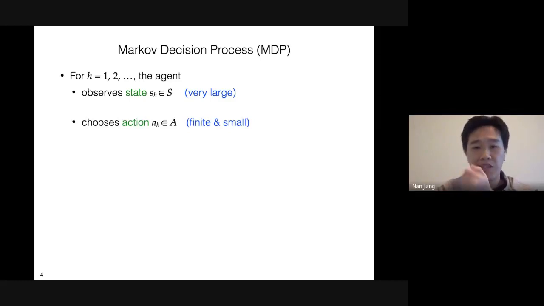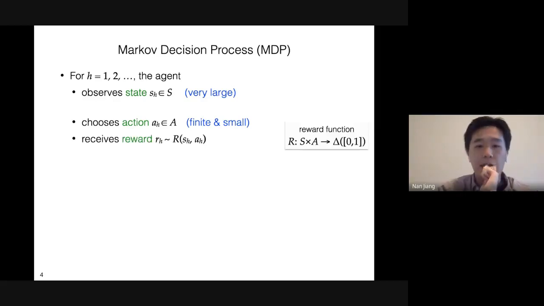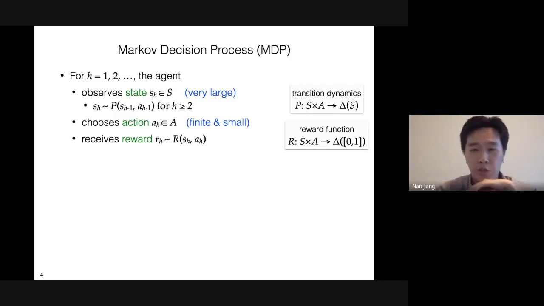And every round it chooses an action a_h. And let's say for now we assume that the action space is finite and small. And it receives a reward from a reward function, R of s_h, a_h, and then transitions to the next state randomly according to the transition dynamics of the system.